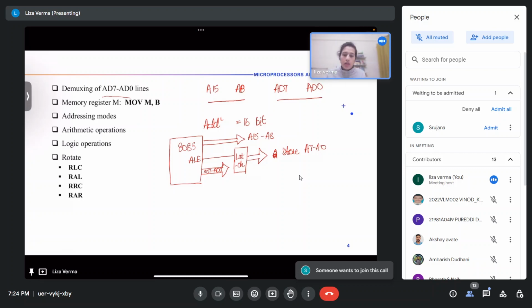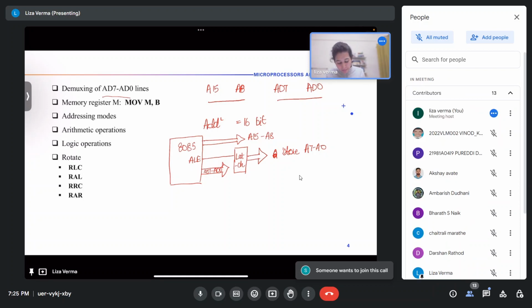During this addressing, while it loads the address, the ALE signal is also generated. As the address is loaded to the address bus, ALE will enable the latch.